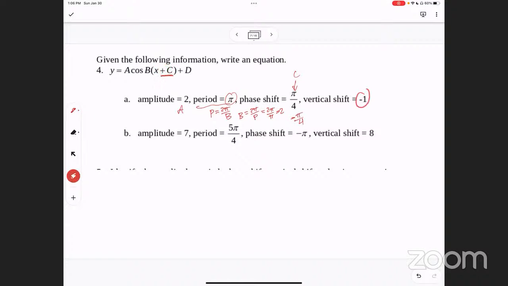And your vertical shift is your D. So my equation would be y equals 2 cosine of 2 times x minus pi over 4, because they told me my phase shift was pi over 4, so I have to write the minus in there. Then minus 1. There's my equation.